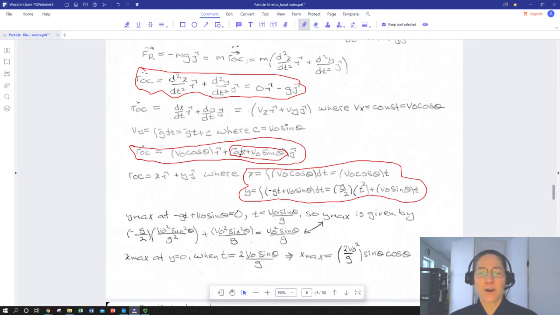So if we want to know how high that actually was, we plug this expression in for t into our expression for height and solve. And so we can get that expression.